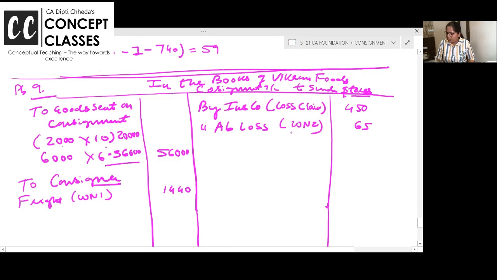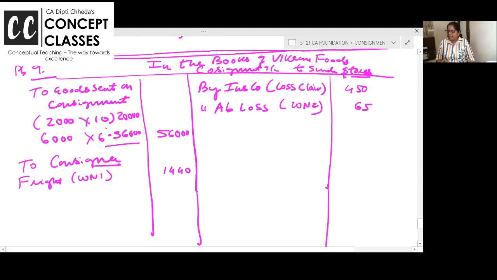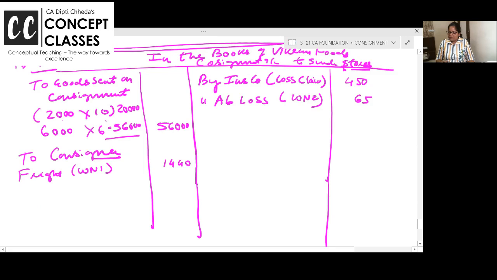Reference working note 2. In working note 2 you have given the reference that 65 units are lost in transit. Nice. Let us move ahead.